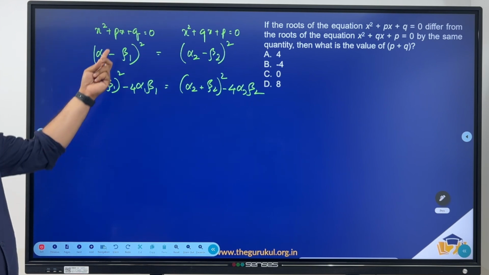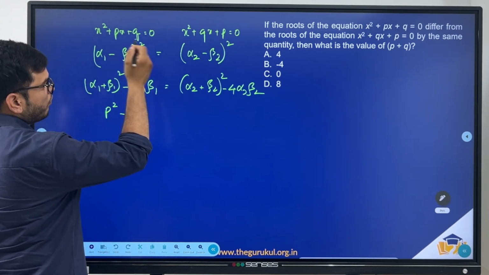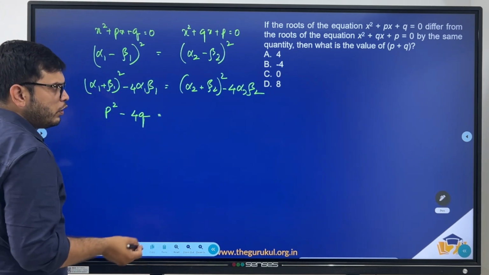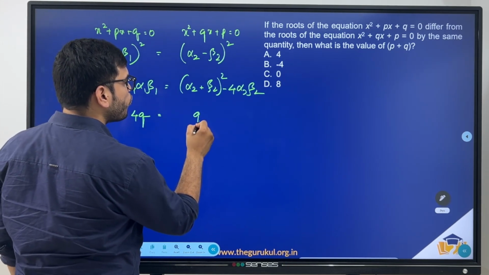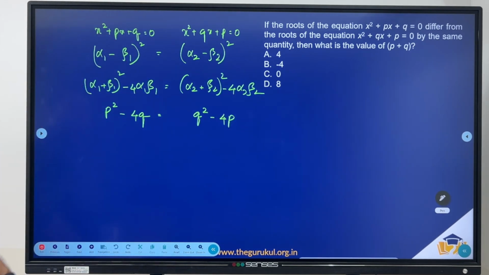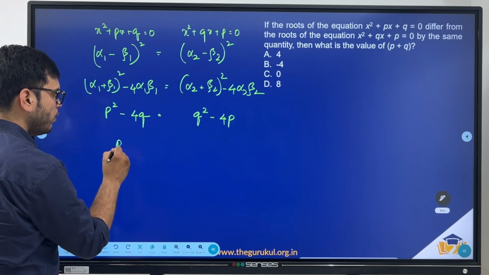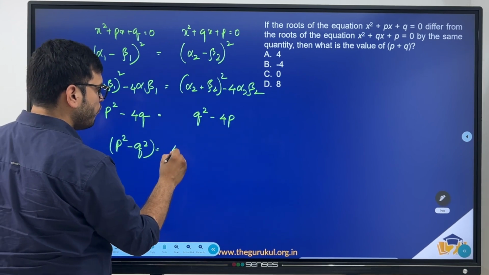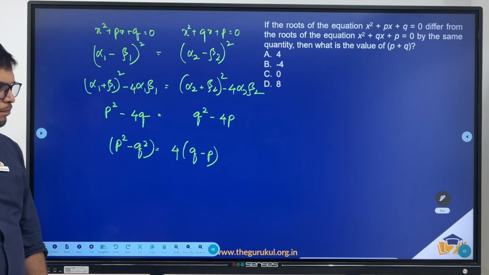Now sum of the roots is minus b by a, that is minus p, so p square minus 4 into c by a, that is 4q. Now this should be equal to q square minus 4p. Let me bring a q square here. P square minus q square is equal to 4 into (q minus p), right?